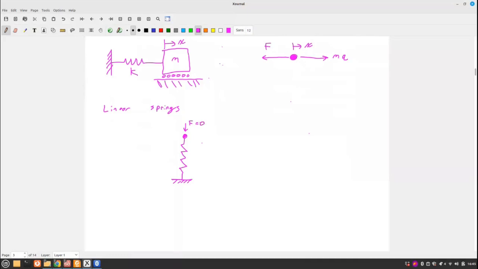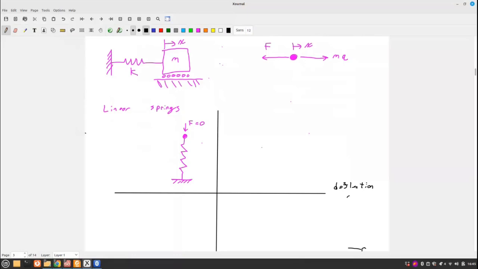So the spring is not compressed or extended. If I were to draw that in a 2D plot, where this is my deflection, and this is my force, I would be right here at the middle.